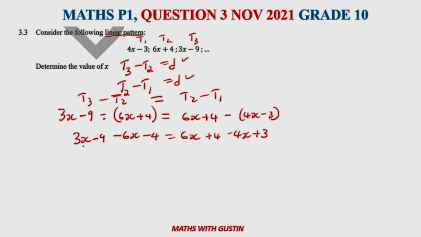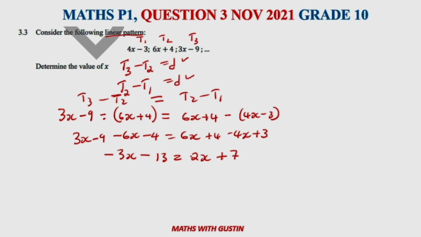I've got 3x minus 6x. I'm going to be left with negative 3x. Then I've got negative 9 and negative 4, which gives us negative 13. 6x minus 4x, we're going to be left with 2x. Therefore, 4 plus 3 is going to give us 7.